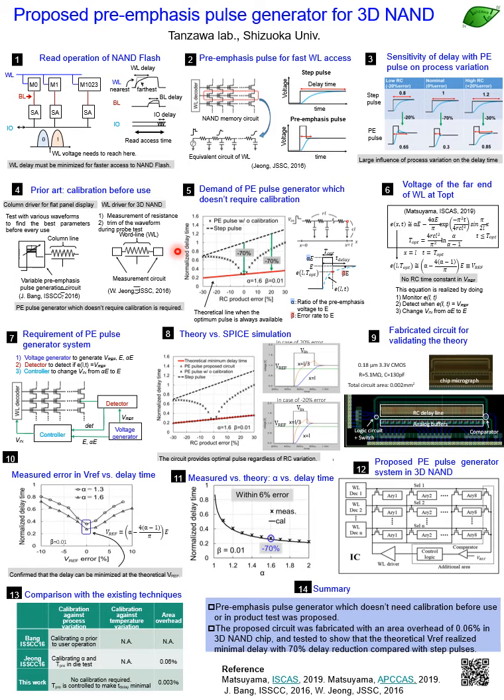They should have a table of the resistance value versus the optimum pre-emphasis pulse. Then, based on the measured resistance value, you know the optimum pre-emphasis pulse, and the optimum parameters are programmed into every single die. In this method, they need additional cost for die size and also test cost.